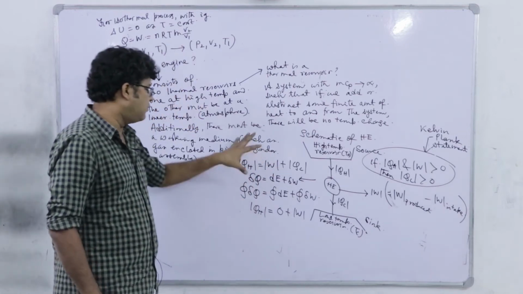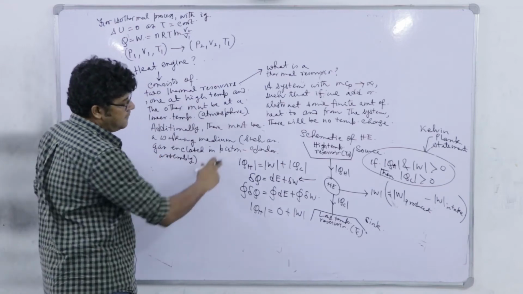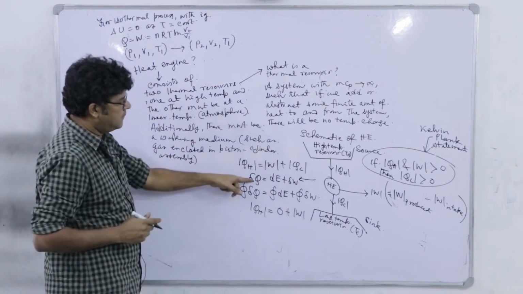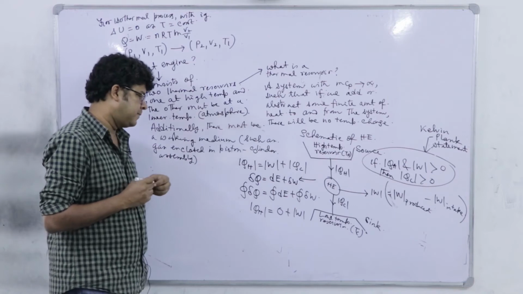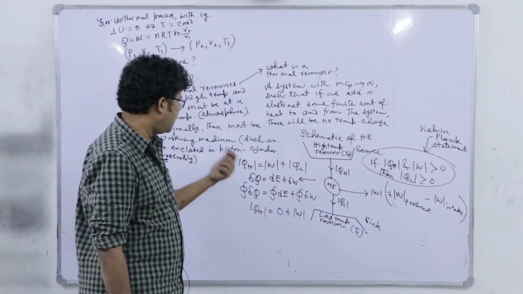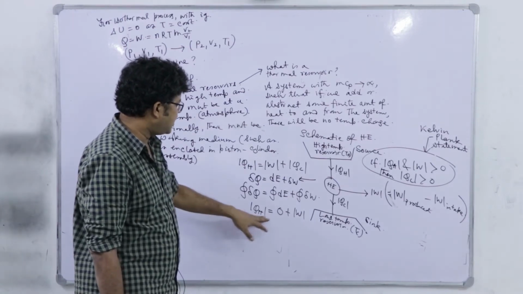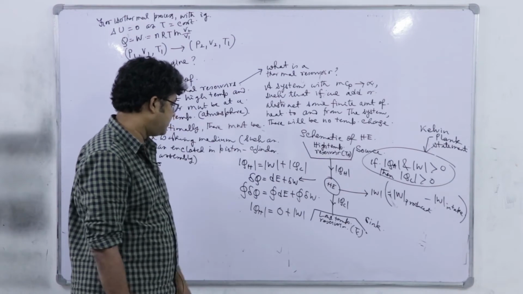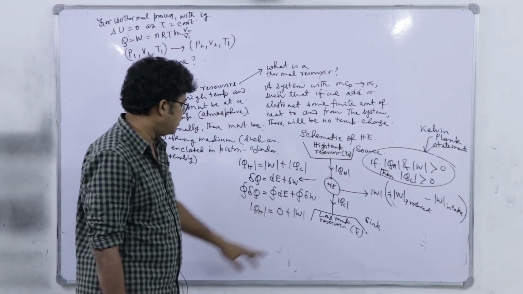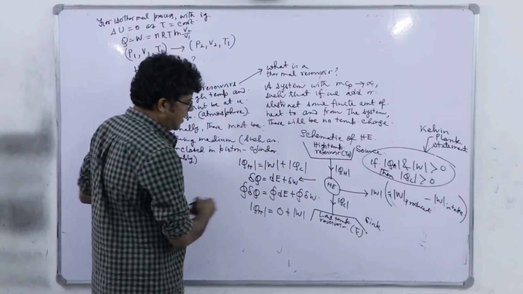So, in relation to this energy balance, from the first law paradigm it is quite obvious that we write mod QH equal to mod W. However, you see that mod QH alone is not the term actually.